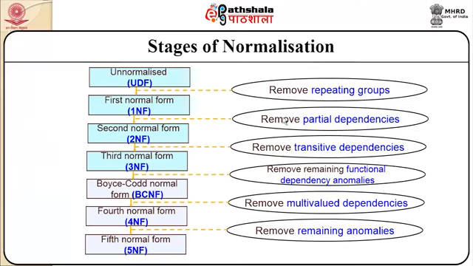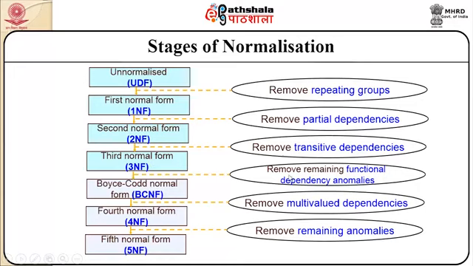From an unnormalized format, we remove repeating groups, which makes it first normal form, and by removing partial functional dependence, we make it second normal form. That means between first normal form and second normal form, we ensure all attributes are fully functionally dependent, and by removing transitive dependencies, we make it third normal form.